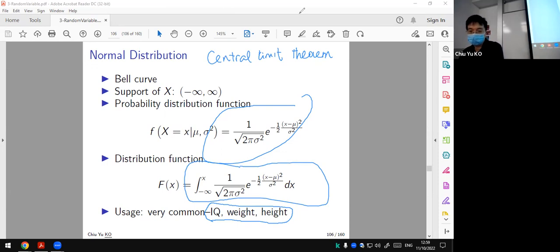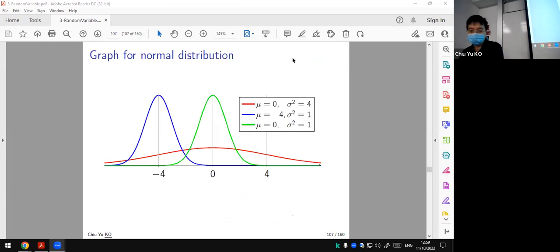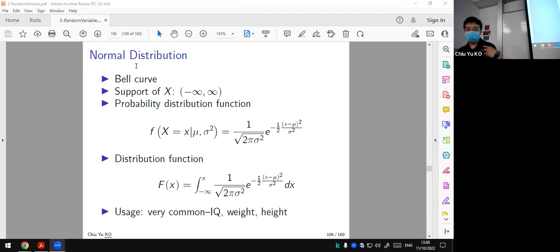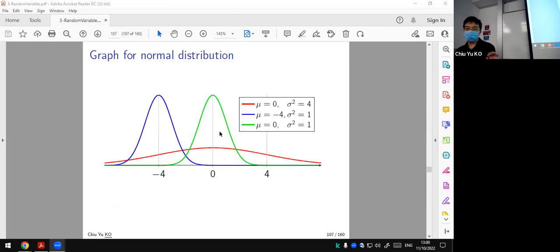Going back to this graph, the thing you need to remember is that the normal has two parameters: mu and sigma square. Mu controls the mean, sigma square controls the variance.